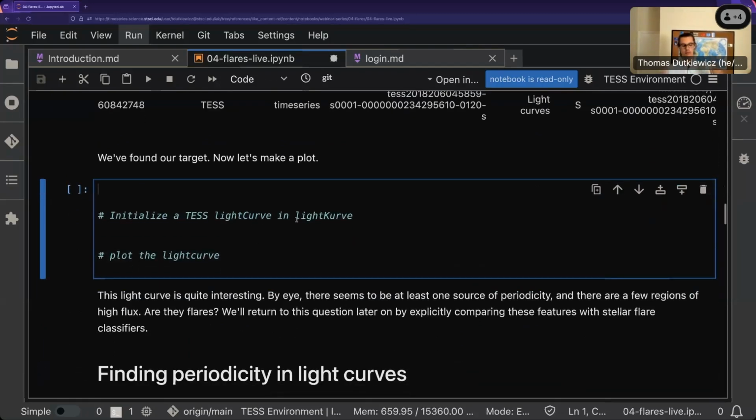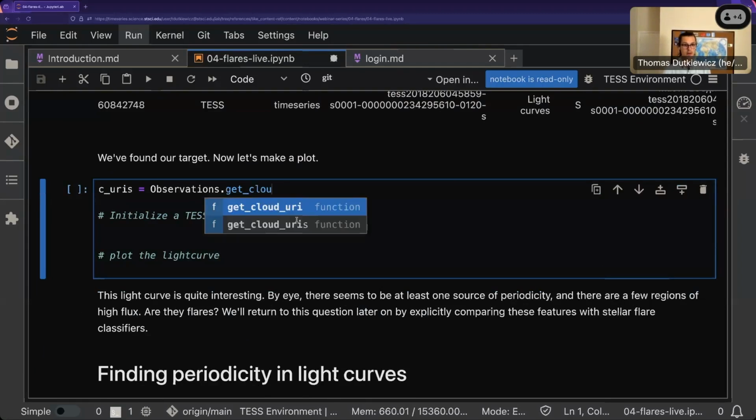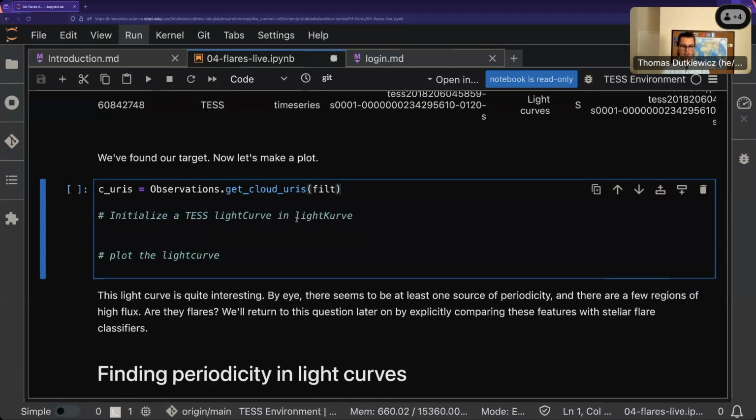Once again, very familiar syntax. That's why I'm kind of brushing over all of this, but there are recordings available of the first lessons if this is unfamiliar. So we'll do our cloud URIs is observations.get_cloud_uris, plural. And we'll pass in filtered products. Also, I just want to take a second to say we have some very wonderful Astroquery developers.